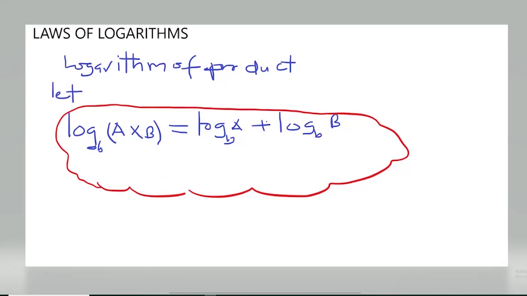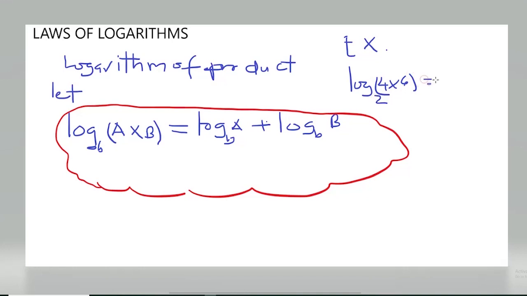Now example, assume you have this question. Let me write this example: logarithm of 4 times 6 to base 2.